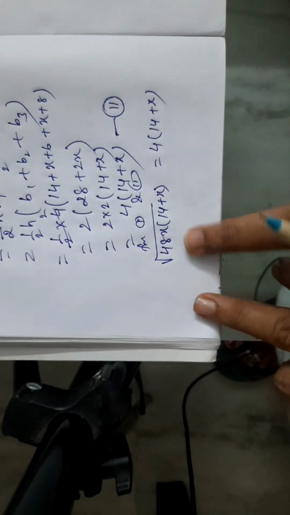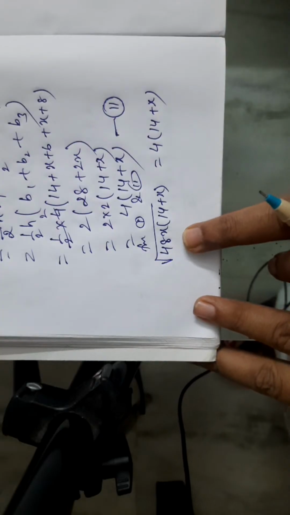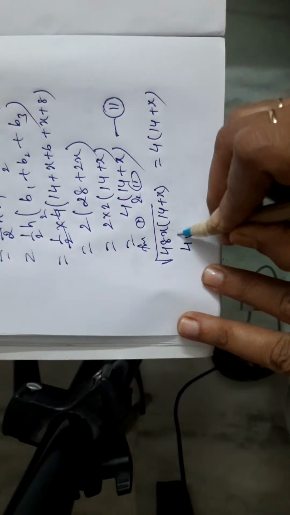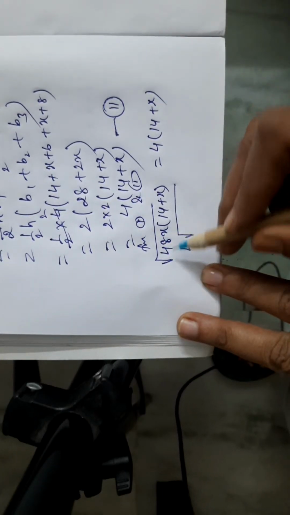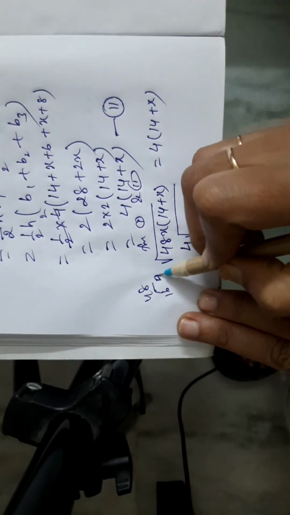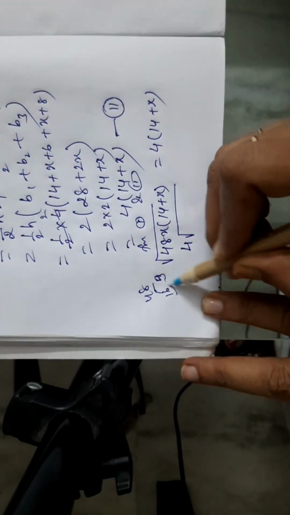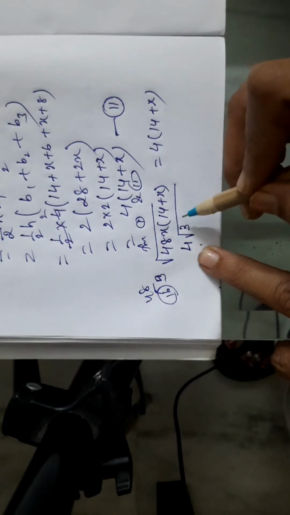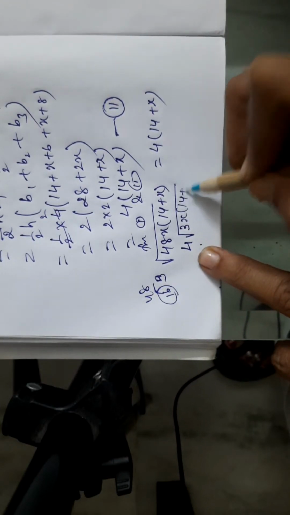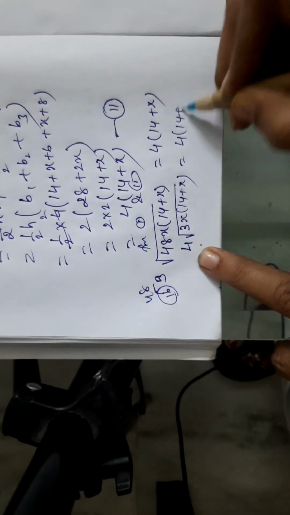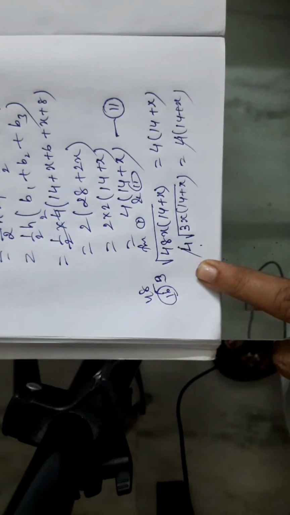Here 16 3s are 48, so we can take 4 out of the root, and the remaining 3x, 14 plus x is under the root. So you have 4, 14 plus x. Now both the 4 got cancelled.